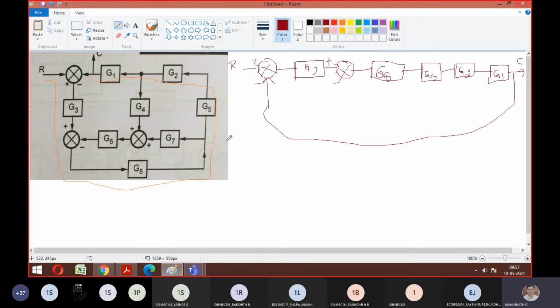Look at the diagram and tell me. So this is your output, here you have one, and another. Two feedbacks. Only two.